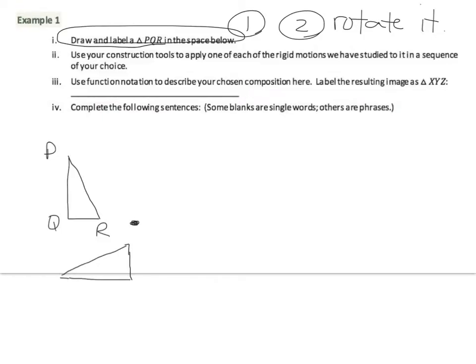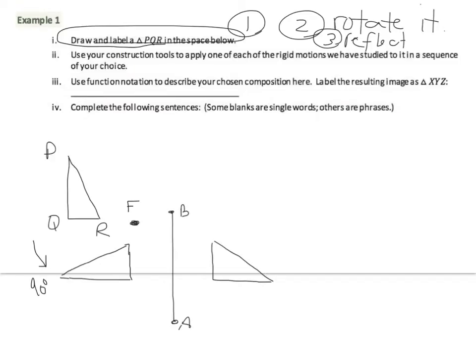Okay, I don't have tools for an iPad, but here you see that I just rotated it about 90 degrees, I guesstimated, about point, let's call it F. All right, I'm going to push pause again, and this time I'm going to reflect it. Okay, I just reflected the triangle over segment AB, which works, and now I'm going to go ahead and translate it.